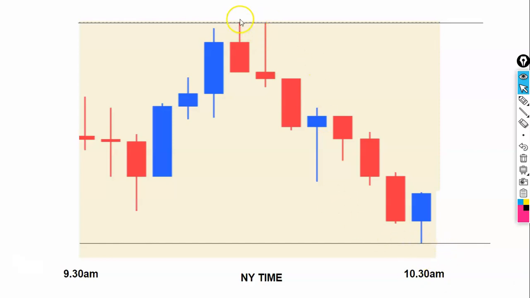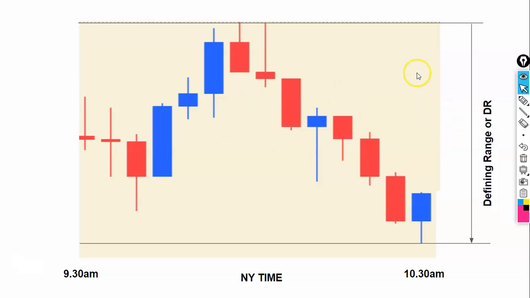In this case, the highest point is this wick here, and the lowest point is this wick here within this window. Then you are going to draw a horizontal line above and below, touching that wick. Once you do that, that distance from the high to the low is called the defining range, or DR.